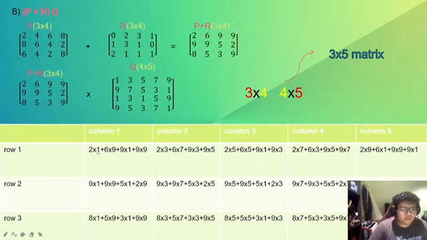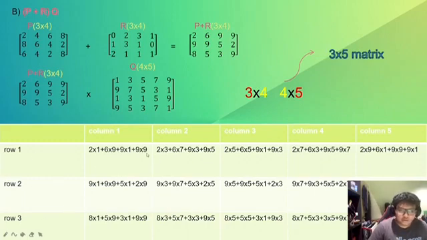So 2 will be multiplied by 1, and then 6 will be multiplied by 9, and then 9 will be multiplied by 1, and then 9 will be multiplied by 9. So this is for our answer. As you can see this table, this is for our answer.